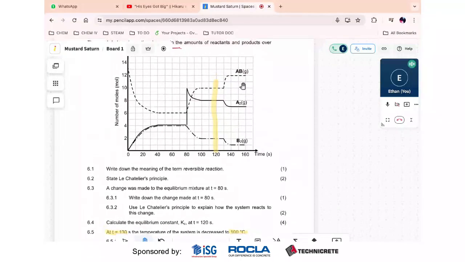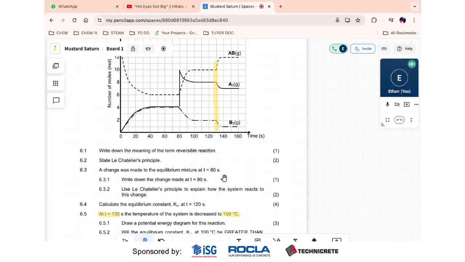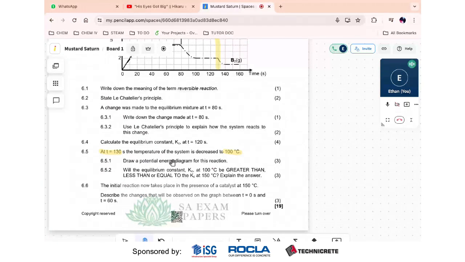And then at t equals 130, so somewhere along here, the temperature changes. So at t equals 130, which is right here. And we can see that at some point, because of this temperature change at 130, something changes. So all of a sudden, there's more of AB. AB has a spike, and A and B drop. Okay, so that's interesting. Draw a potential energy diagram for this reaction.